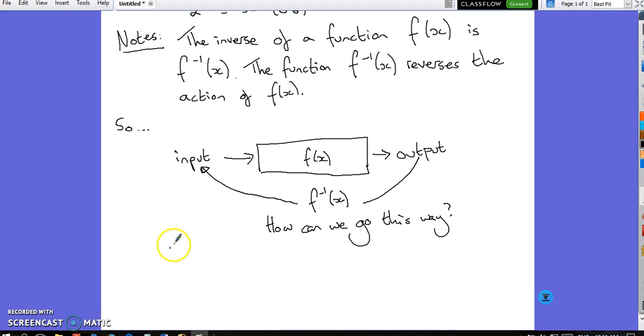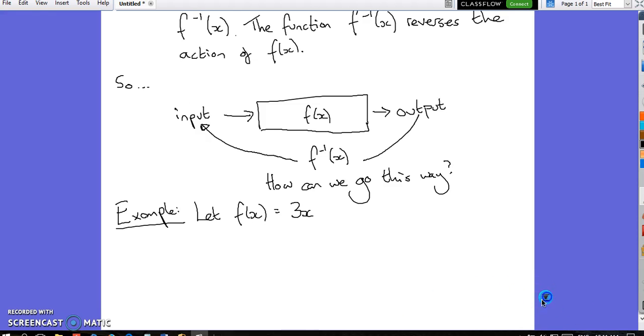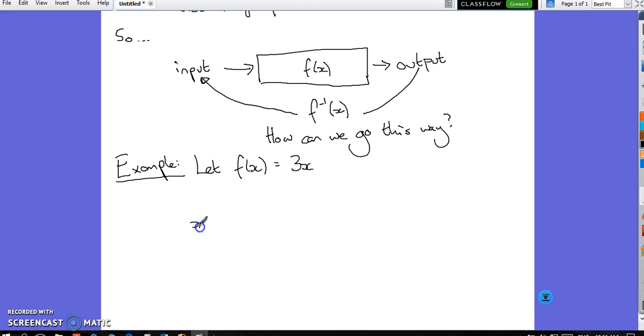So let's take an example. Let's choose a function f of x is equal to 3x, let's say. And we know that here we put in x, we apply the function to x, in this case we do 3 times it, and we get out 3 times the number that we put in.